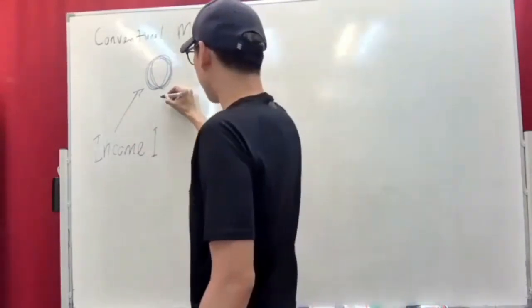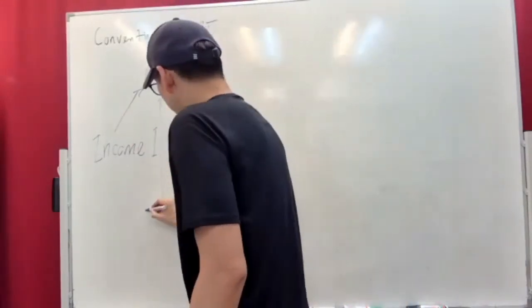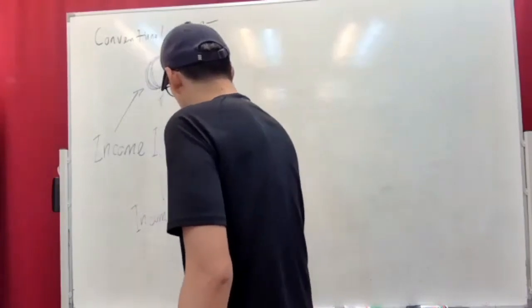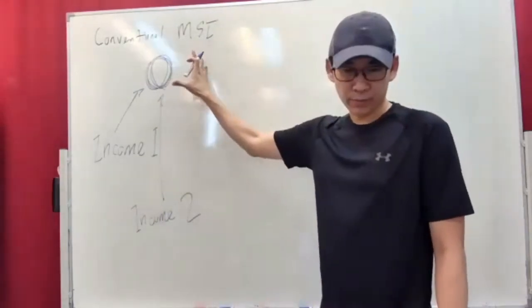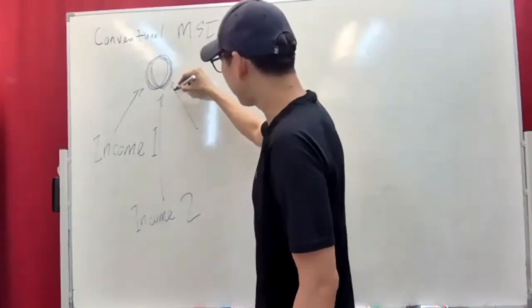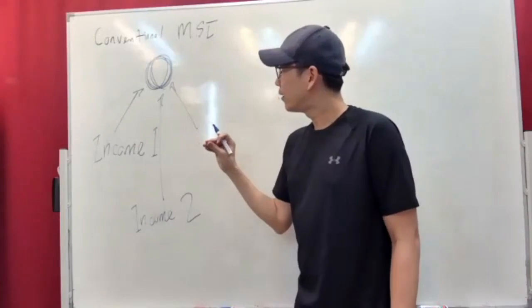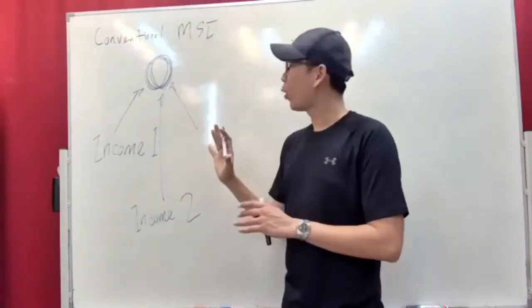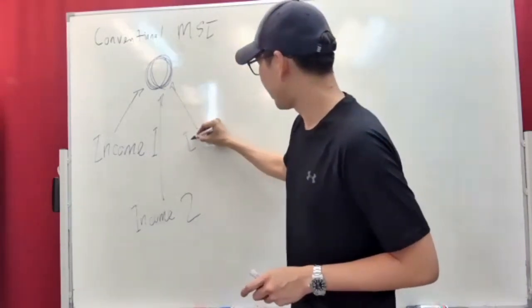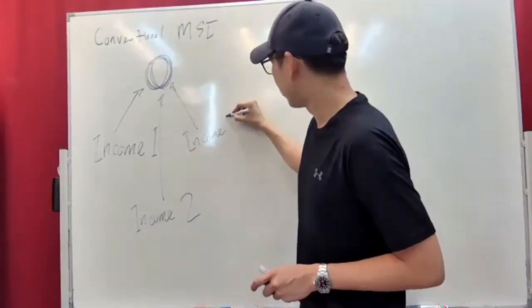And then you're supposed to have income two to generate income for you, multiple streams. And then you're going to have another one. For the explanation, we're going to focus on just three income streams. So then we have income three.